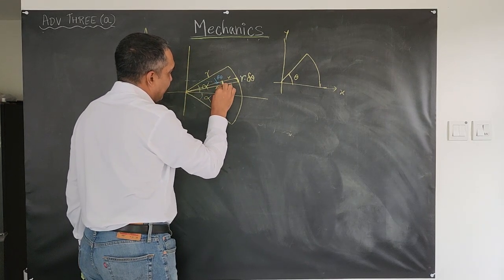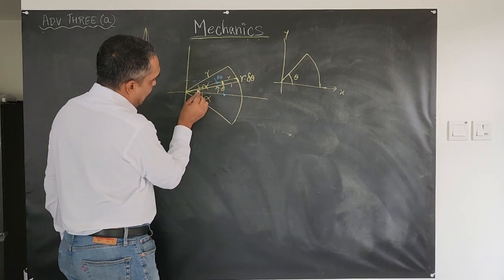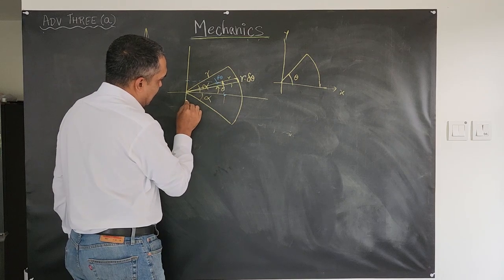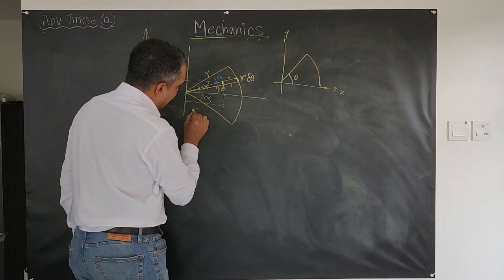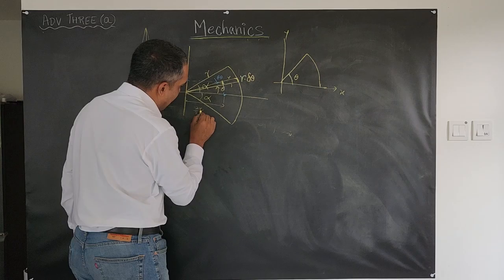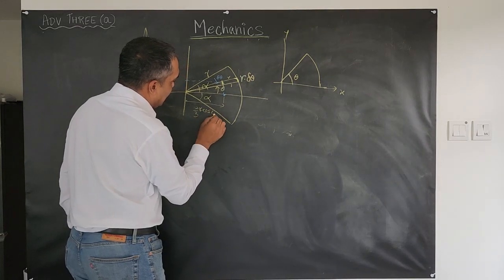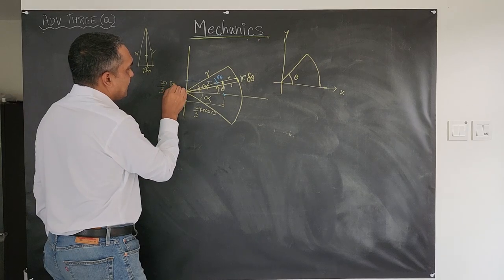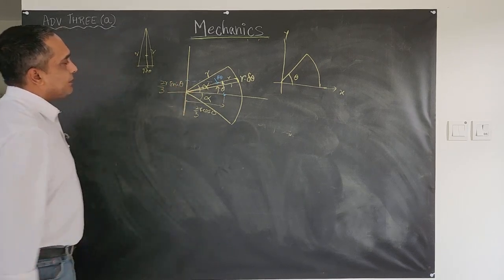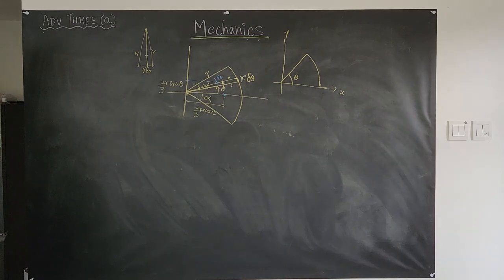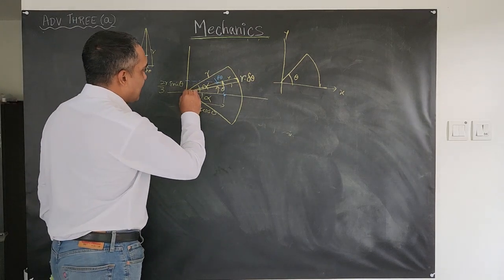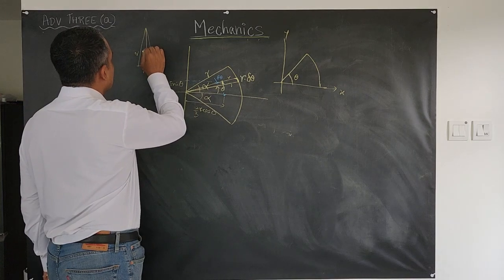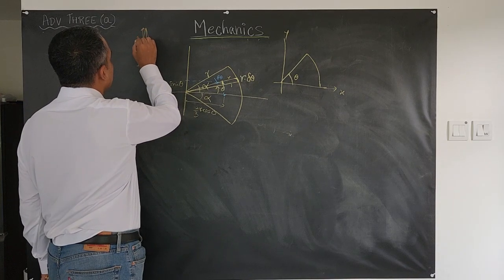If this is 2/3 of r here, and this is theta, then this distance is 2/3 of r cos theta, and this is 2/3 of r sine theta. Because this distance is 2/3 of r, because we know here that this is 2/3 height.